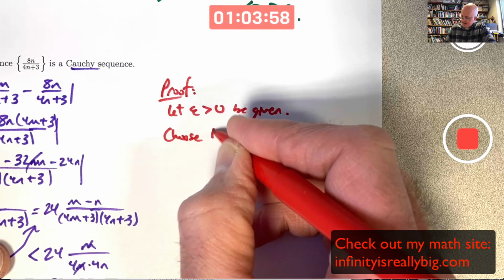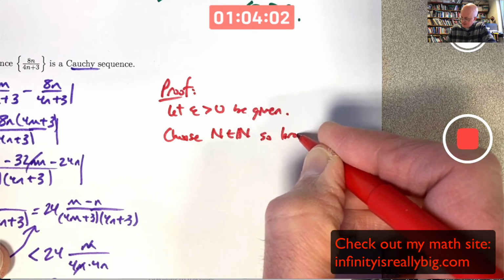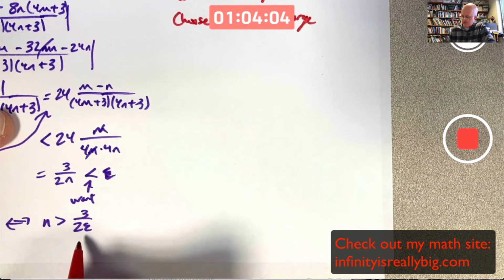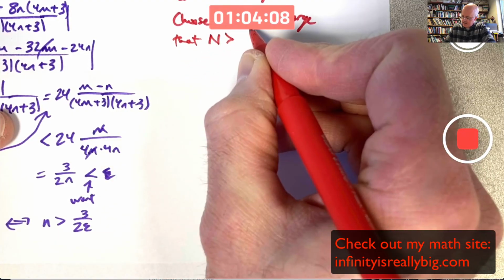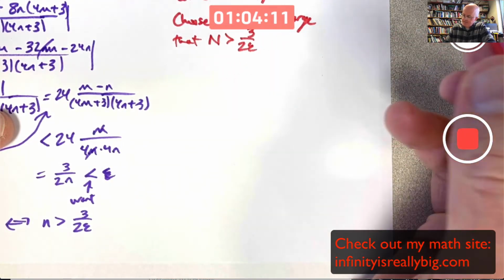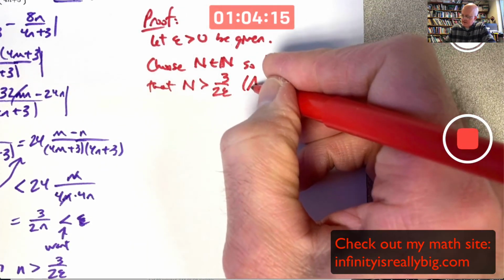Choose capital N in the natural numbers so large that it's bigger than 3 over 2 epsilon. It's really essentially the Archimedean property.